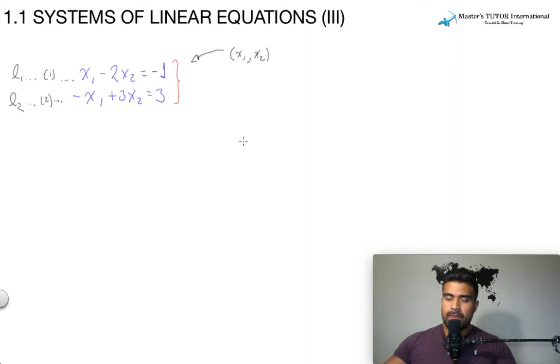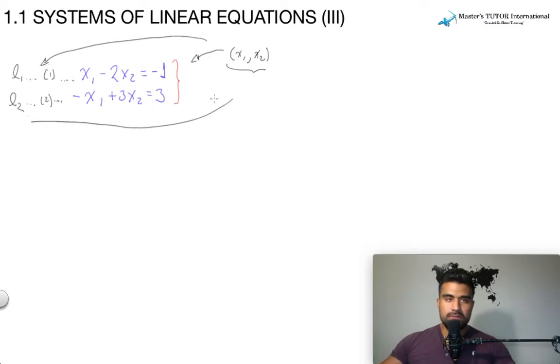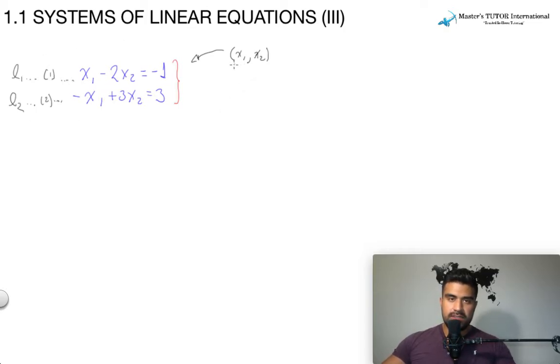This also means that the point lies on both lines, L1 and L2. To be a solution means these numbers have to lie on the lines that make these equations. But how does that work? We will see it now.